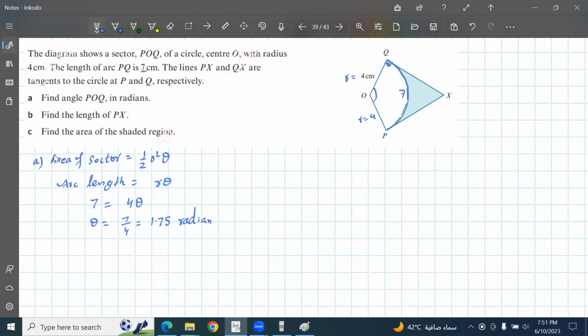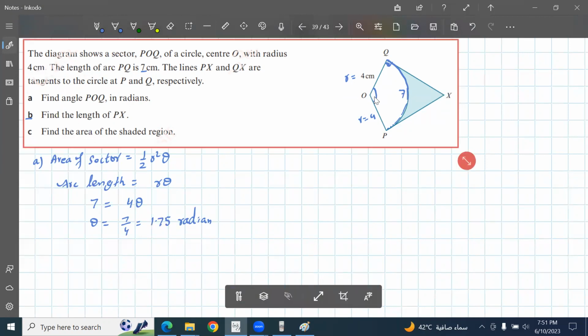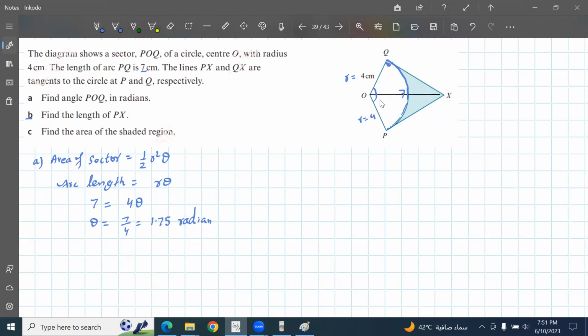It will help us. Next, part B, find the length of PX. Before moving on to the length, we have to draw one line from O to X. Once you draw it, we can say this is an angle bisector which starts from O and ends at X. It divides the angle exactly into two parts.